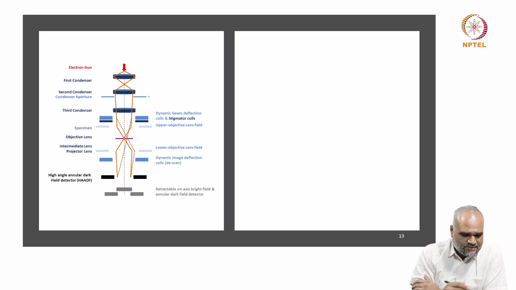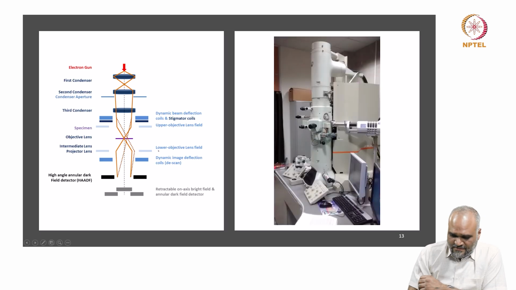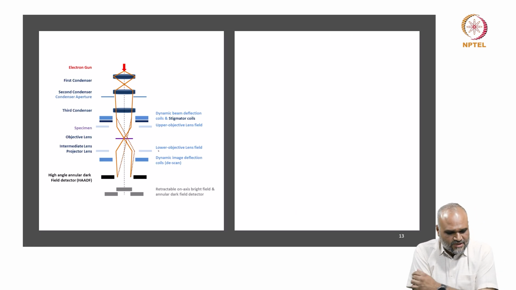And then you have the objective lens, which is at the center of the microscope. The objective lens is the heart of the microscope. This is typically a copper coil which is similar to a solenoid, and what you have is an electromagnetic field that acts as a lens.